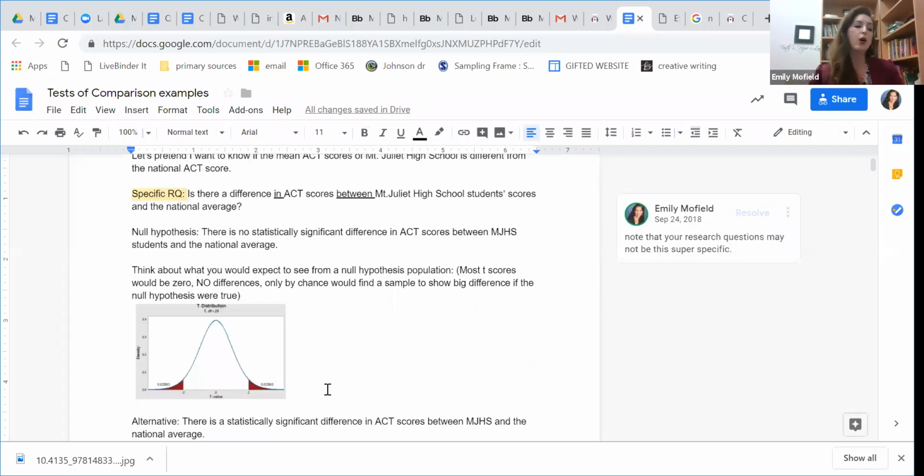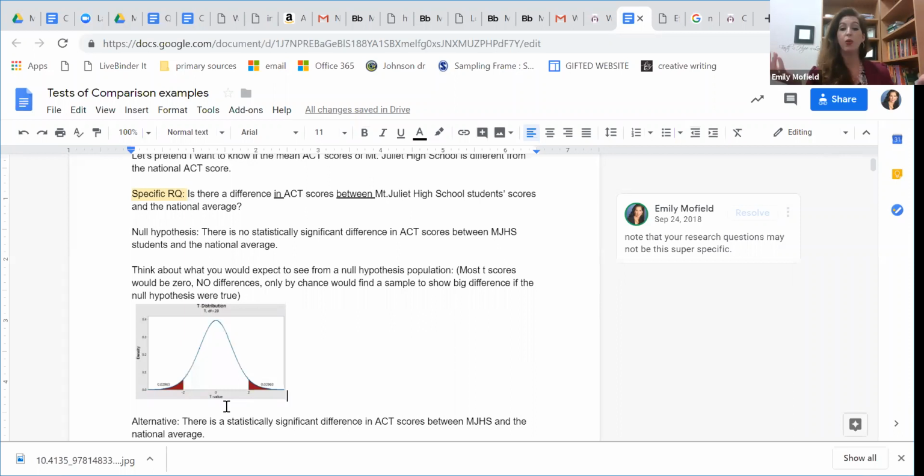JMP will do the math for me, and it's going to churn out a T. In null hypothesis world, the difference between the means would be 0. There would be no differences. Remember, this is a null model. If T is 0, that's exactly what I would expect in a null hypothesis population.